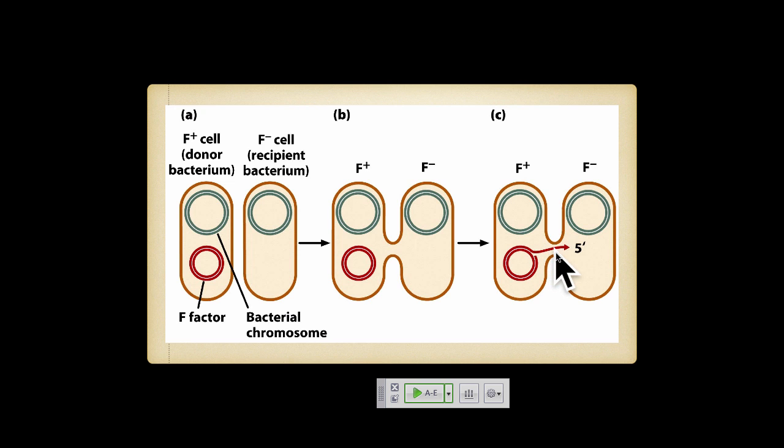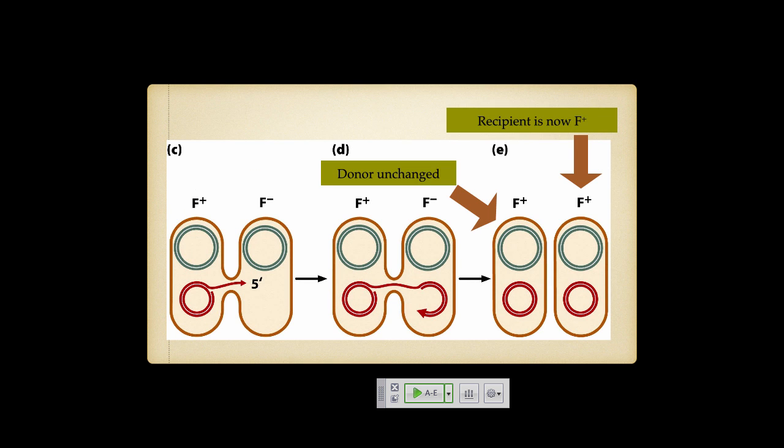And literally this just rolls over, so the single strand of DNA is getting transferred into this recipient cell. Meanwhile, the DNA repair system is making this double-stranded again. Same thing's happening over here. This is becoming double-stranded. And now you have two F plus cells.